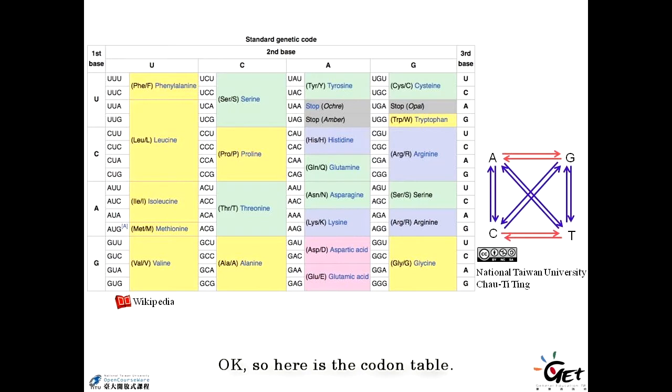Okay, so here is the codon table. They present each letter in a different direction, but basically it's arranged into blocks. For each block, usually there are 2 or 1 amino acids, right? As shown on the top one, it's either phenylalanine or leucine, so that's 2 amino acids in that block.